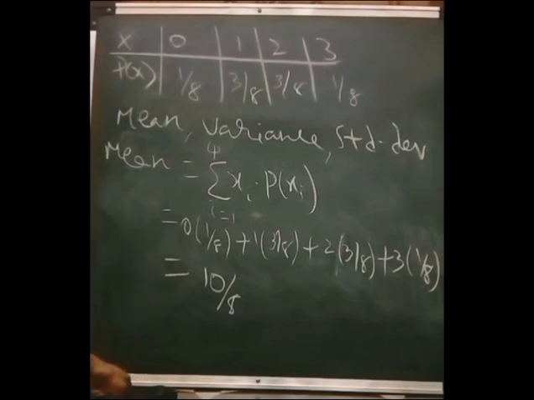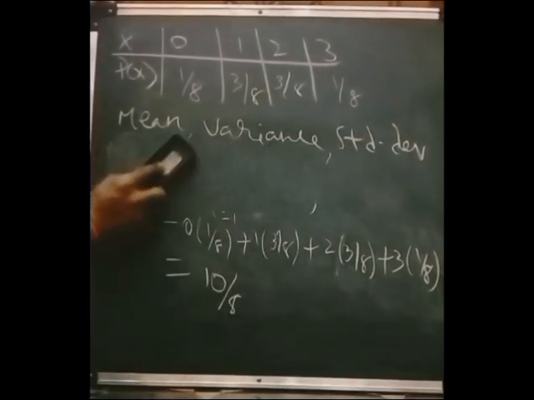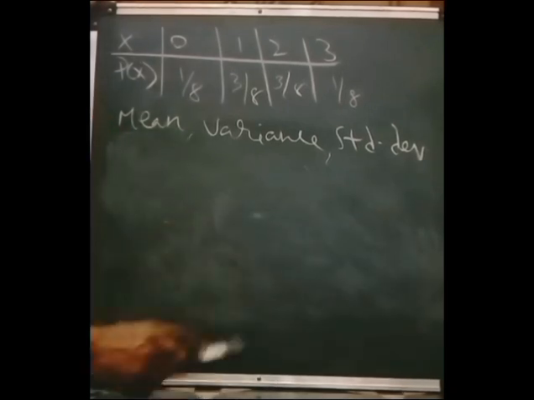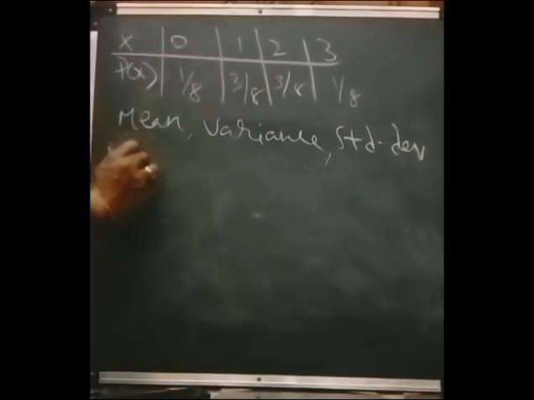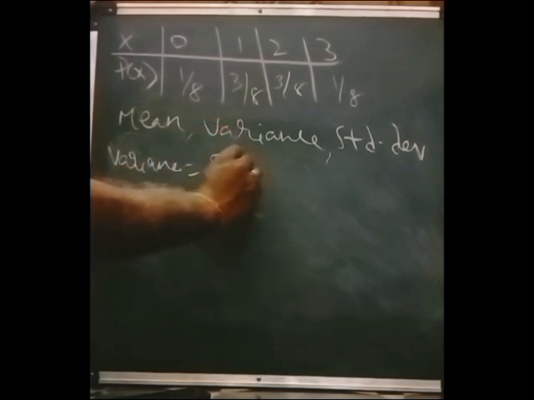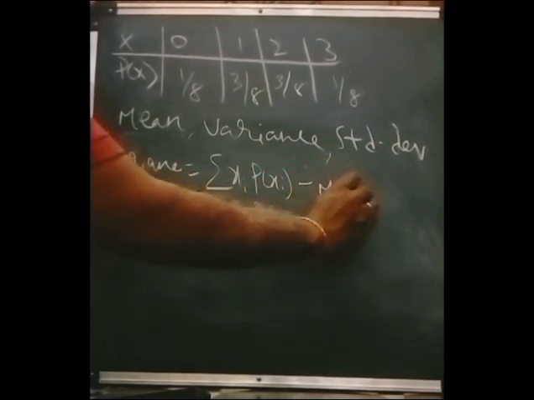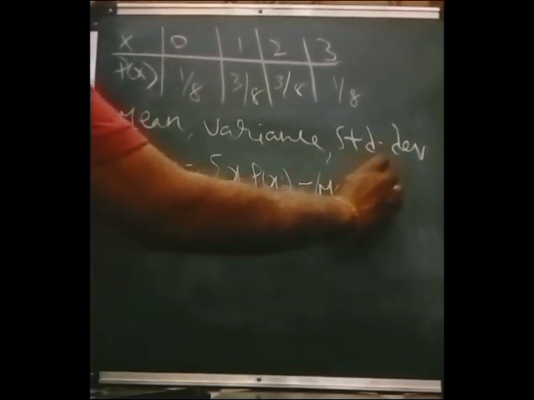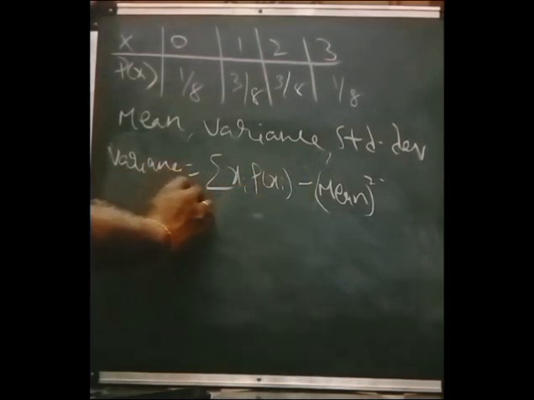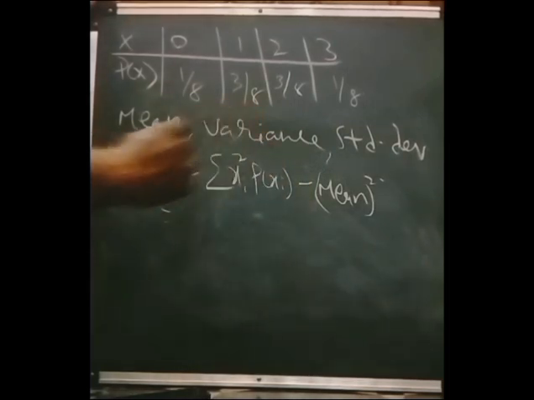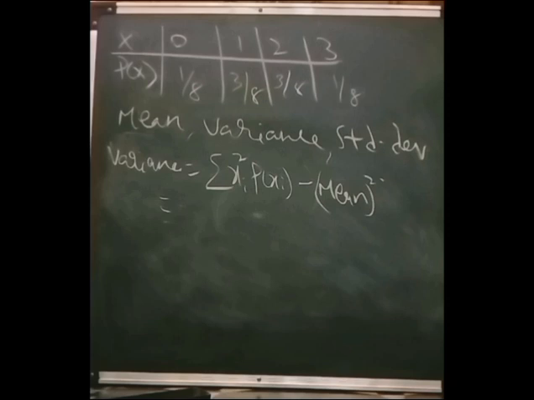Similarly, we can define the variance for the discrete random variable x. The variance is given by the formula sigma xi square into p of xi minus mean square.